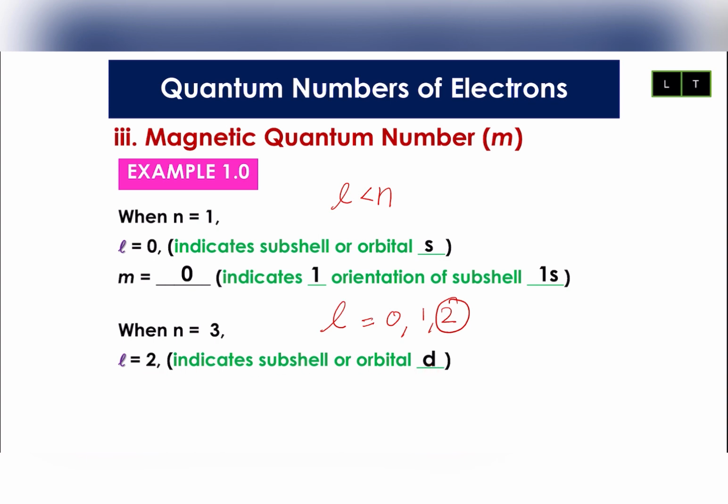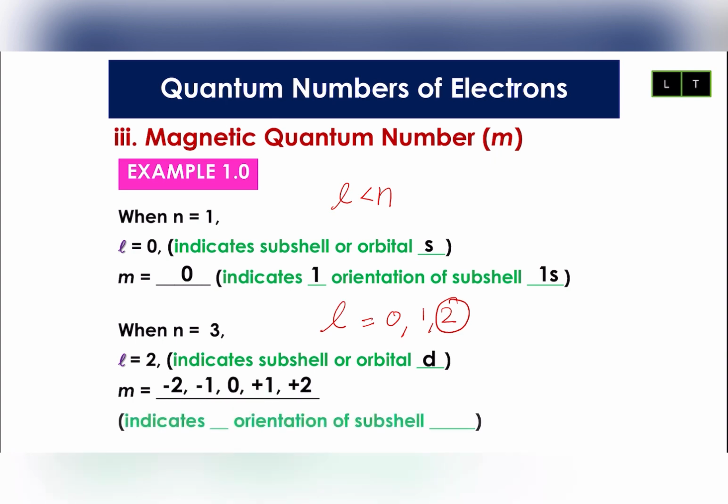And next, I want to determine how about my magnetic quantum number. I will put the range for negative L until positive L. So you will have these values as 5 orientations of my subshell 3D. This is because you have n value is 3 and D is for the shape of L equals to 2.